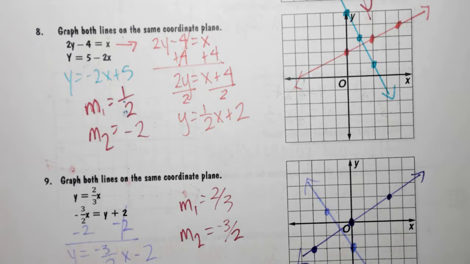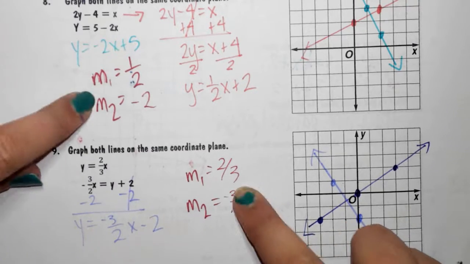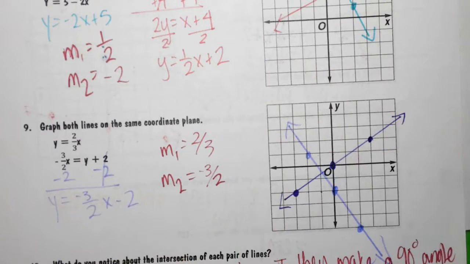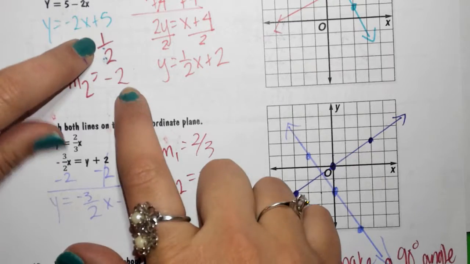Alright, so has everybody noticed that we've had a positive and a negative each time? Does anybody notice anything else about them? They're using similar numbers, yeah, but what is the difference between these two? They're flipped.